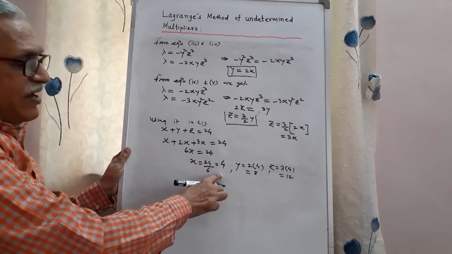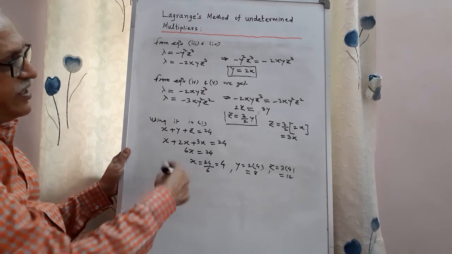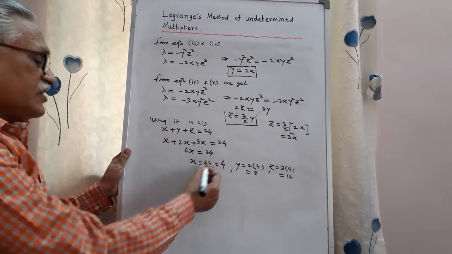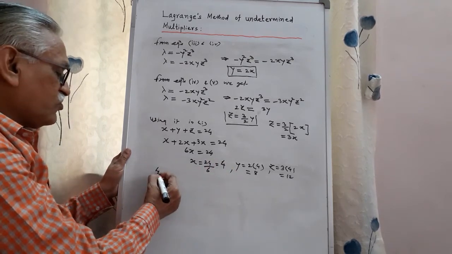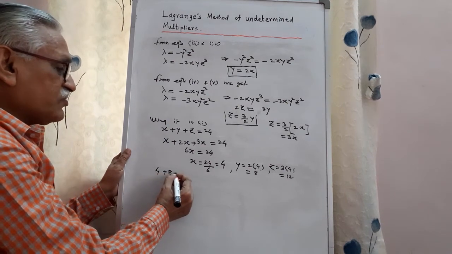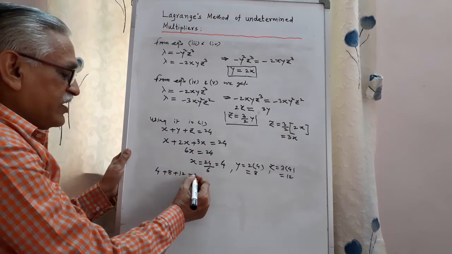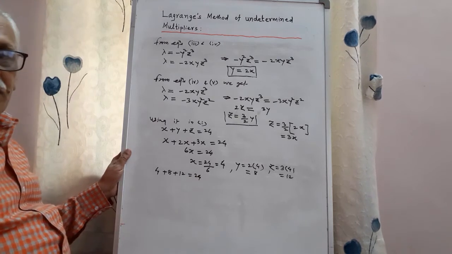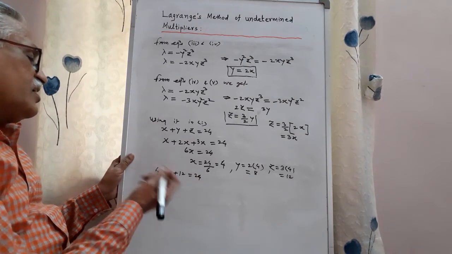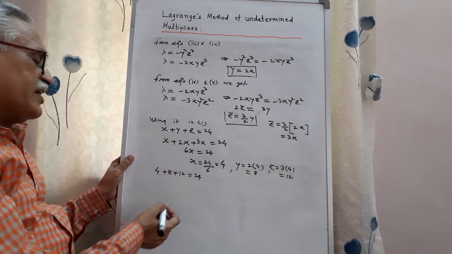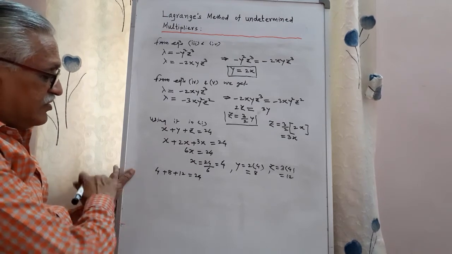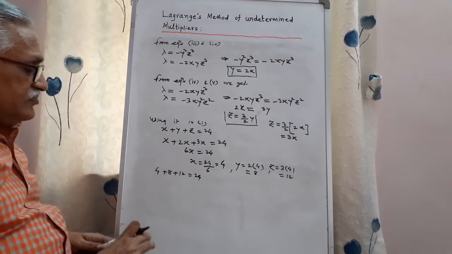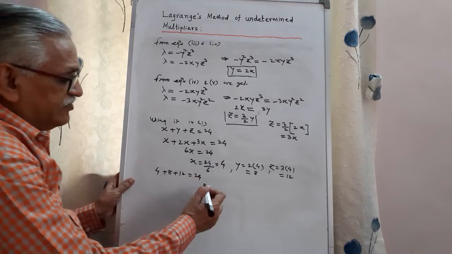Okay, therefore these are the values of the variables x, y, z for which the function is maximum. Therefore the sum of all this, that is 4 plus 8 plus 12, we get as 24. First equation is true. And the second, okay, this is the required.